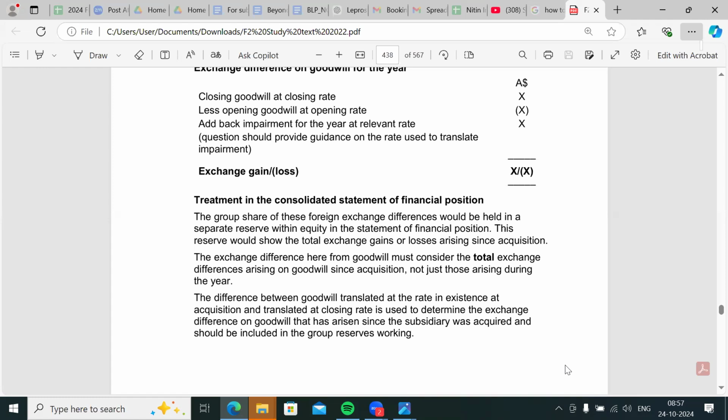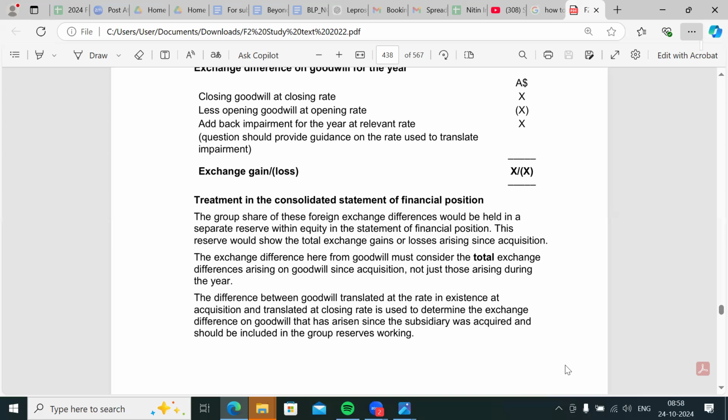The exchange difference here from goodwill must consider the total exchange differences arising on goodwill since acquisition, not just those arising during the year.